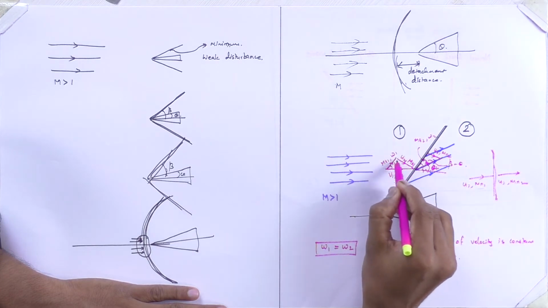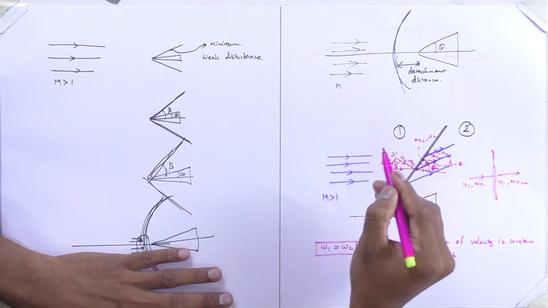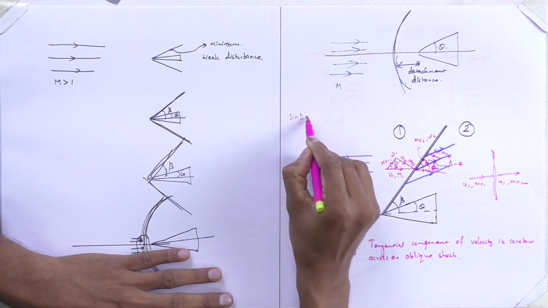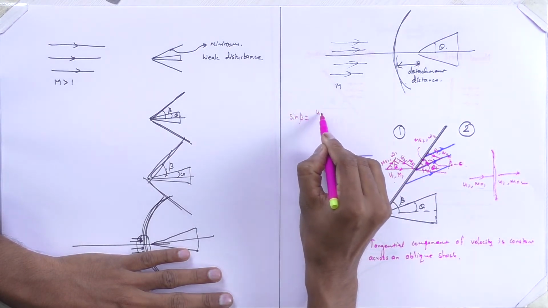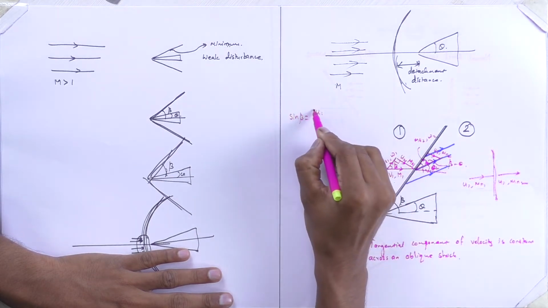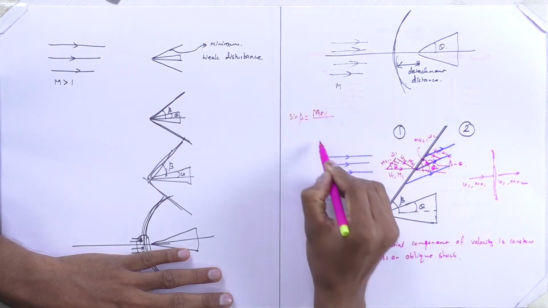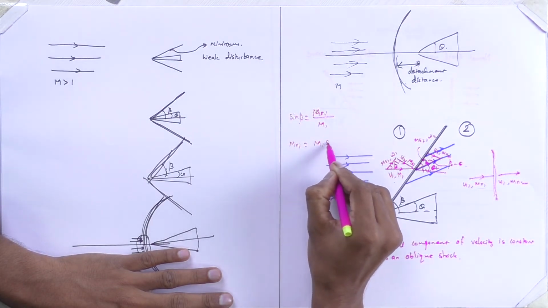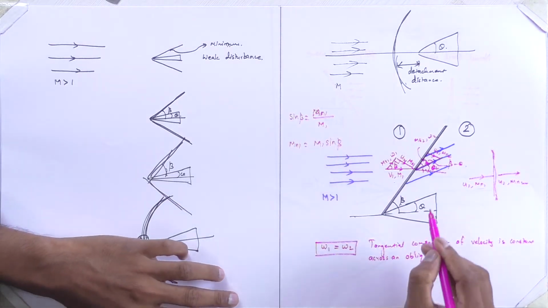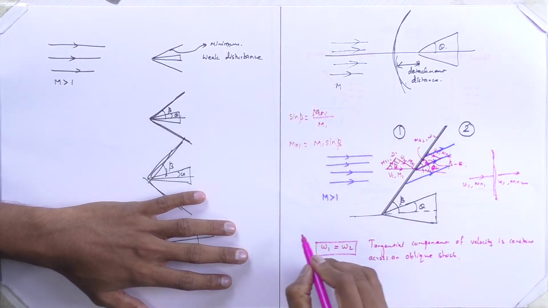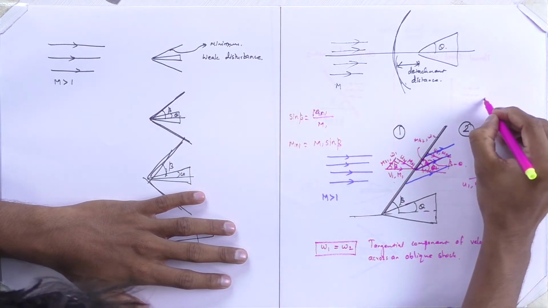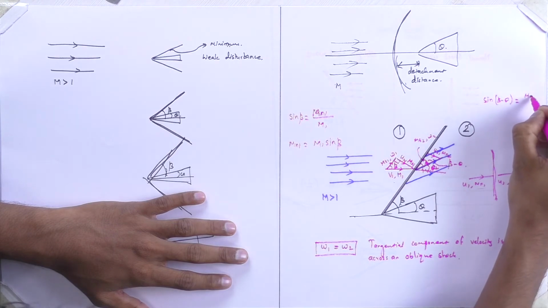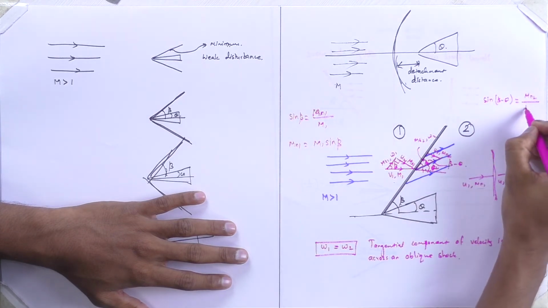When you look at this right angle triangle, from this triangle sin beta is equal to u1 over V1, so in terms of Mach number it is Mn1 divided by M1. So we can say that Mn1 is equal to M1 sin beta. Similarly, when you look at this triangle at downstream, sin of beta minus theta is equal to Mn2 divided by M2.